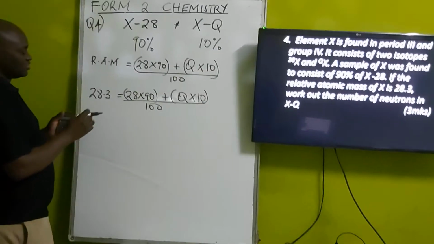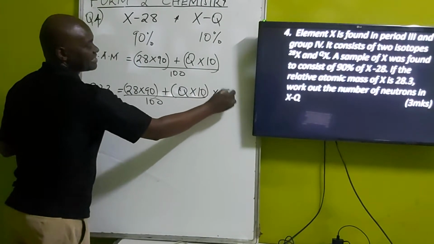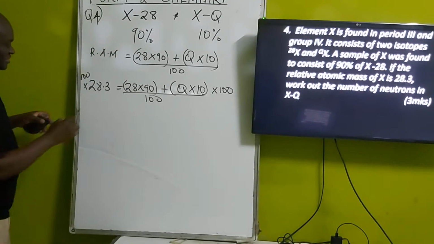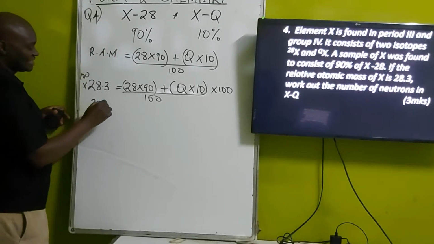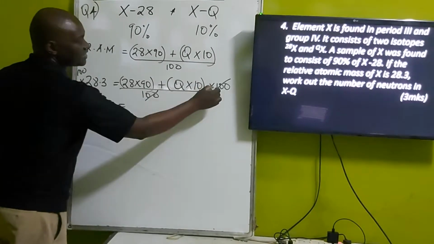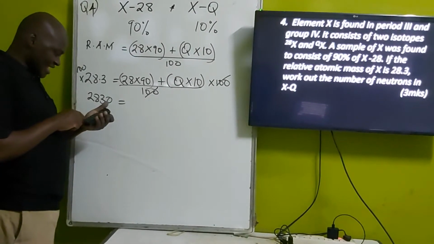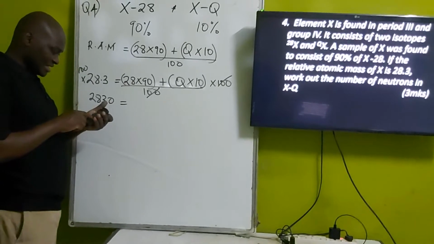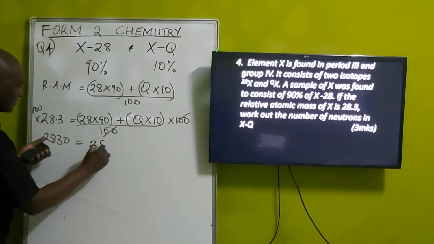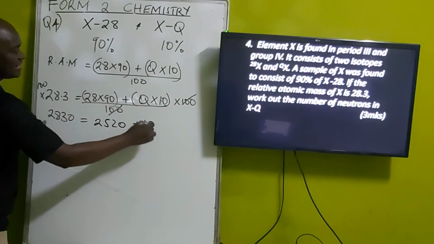So now, to do away with this 100, we multiply this side by 100 and this side also by 100. So 2830 is equal to, this 100 will cancel that 100, so it remains with 28 times 90, which is 2520, plus Q times 10, which is 10Q.